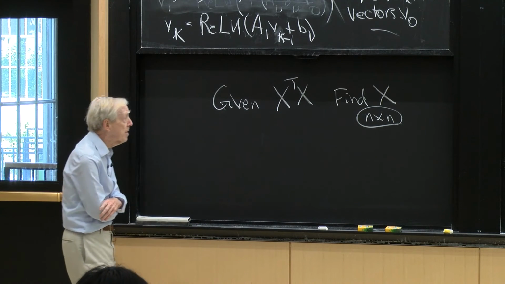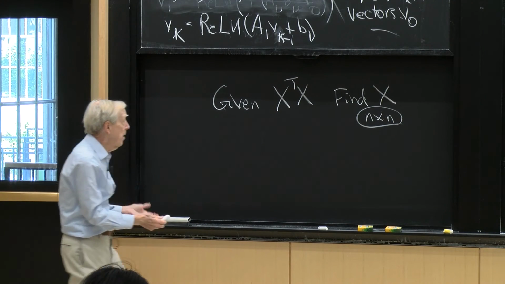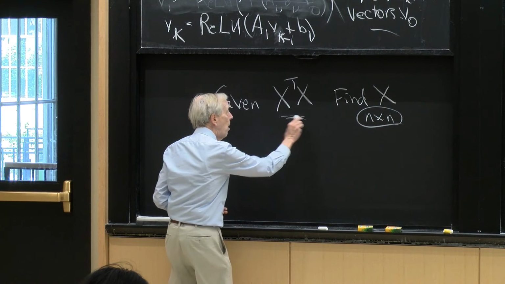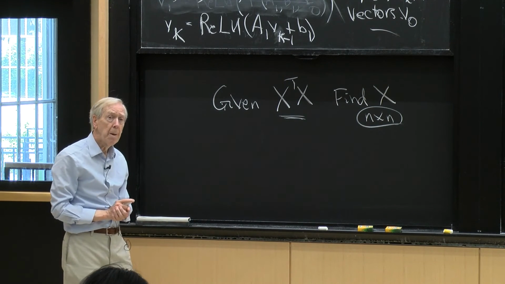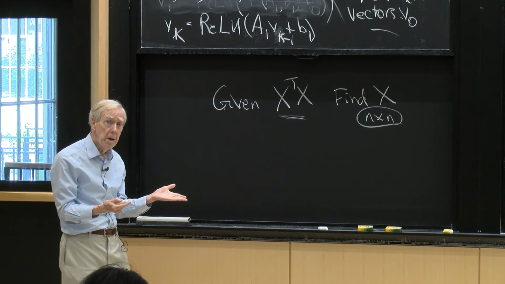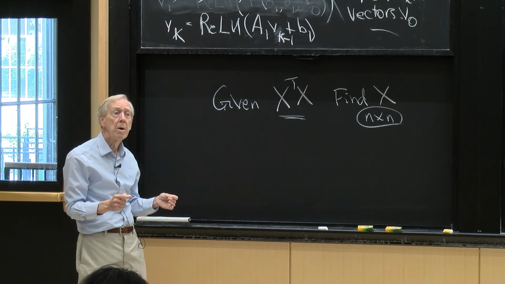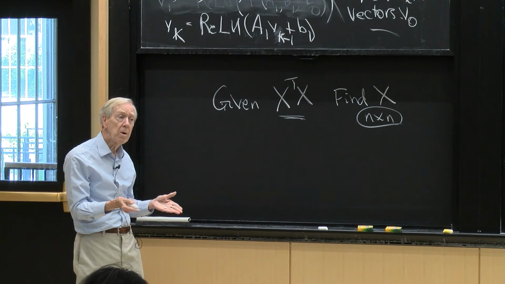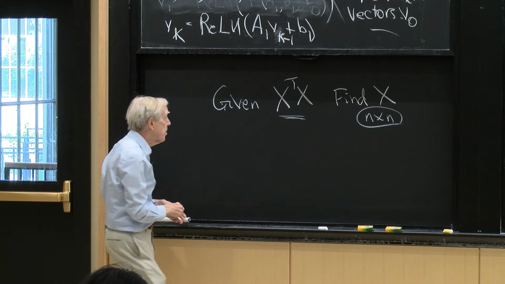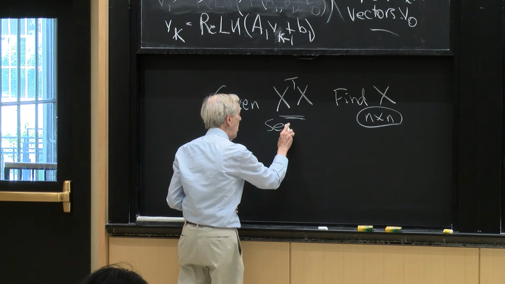But how would you actually do that? What do we know about this matrix? X transpose x? Symmetric, clearly. And what we especially know is that it's also positive semi-definite.